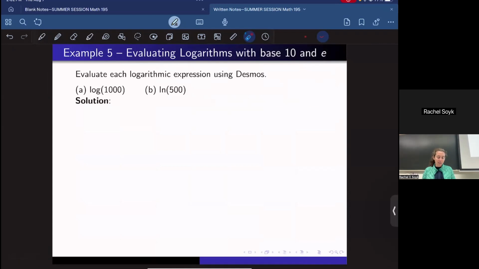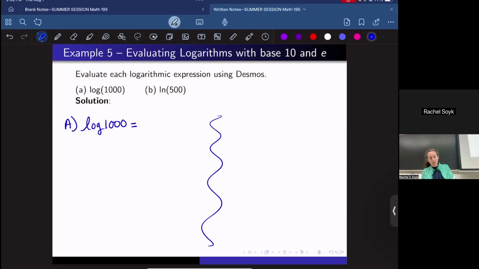So, speaking of calculators, we are asked to evaluate each logarithmic expression using your calculators or Desmos. Again, these types of questions you will not see on an assessment because you are taking your assessment calculator free. So I will take the liberty and calculate it for you guys to save some time.